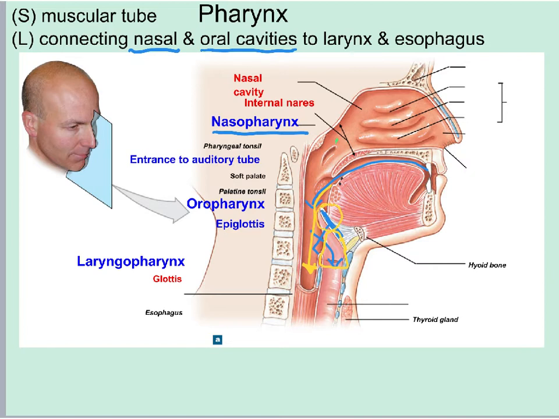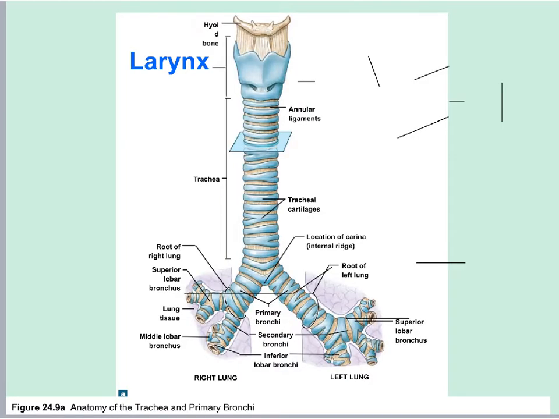And rather than food or drink going down the esophagus like it should, sometimes some of that food or drink squeaks down into the trachea. And as that food or drink hits the vocal cords, which are really sensitive, it immediately initiates that coughing reflex. So that might help you to remember what the function is.